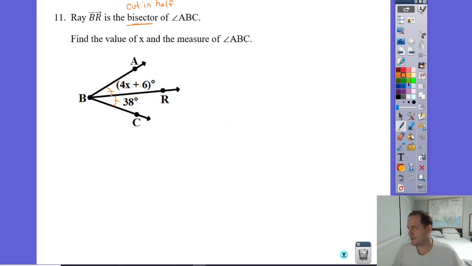So turn that into an equation and then solve it. The 4x plus 6 has to equal 38, because this angle got chopped exactly in half when it got bisected. Now take away 6 on both sides. So 4x equals 32. Then divide by 4, and you get x equals 8.